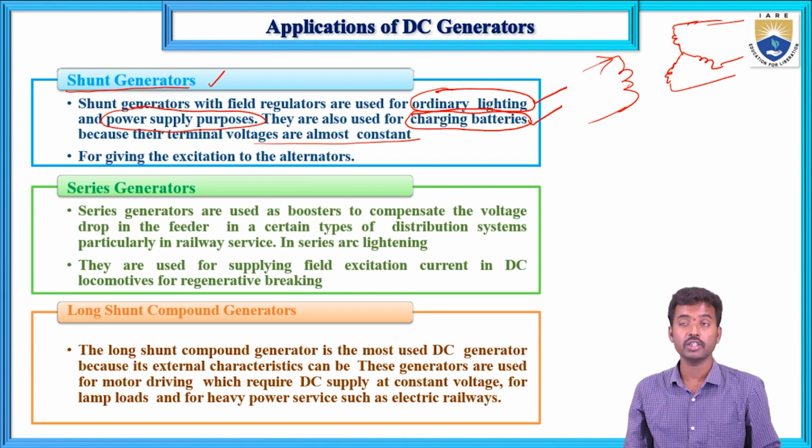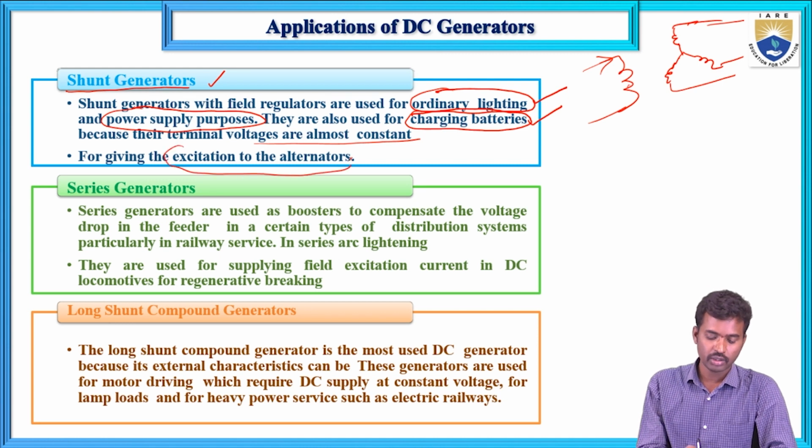So shunt generators are used for ordinary lighting, power supply, charging batteries, and giving excitation to alternators. This is important.